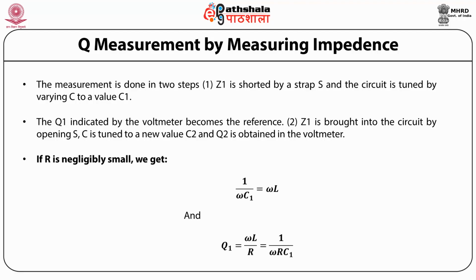If R is negligibly small, we get 1 by omega C1 is equal to omega L, and Q1 is equal to omega L by R, which is equal to 1 by omega R C1.